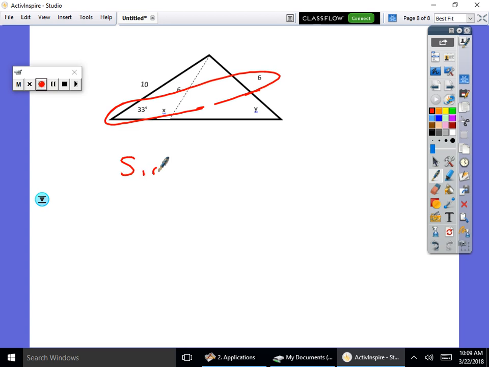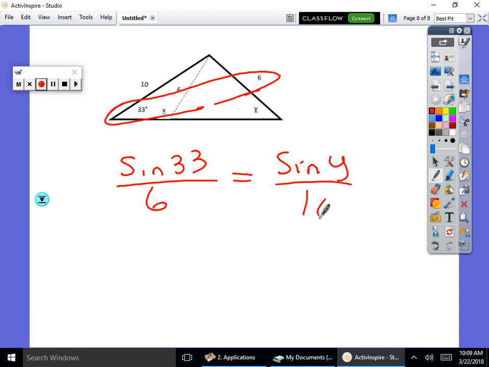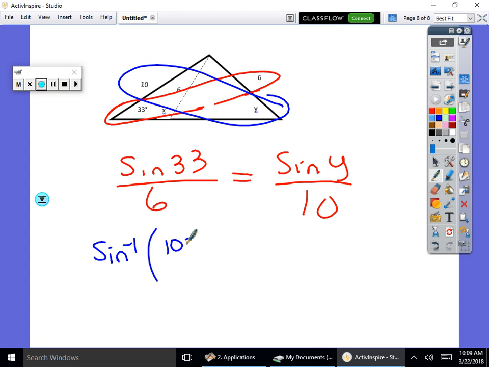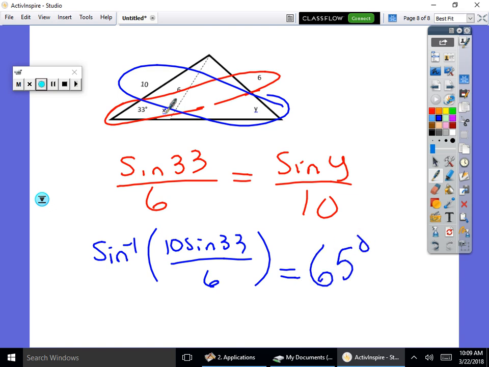So I have sine of 33 over 6 equals sine of y over 10. Everyone with me? Okay. So to solve this, I'm going to do the inverse sine of 10 sine 33 over 6, and that gives me what? I saw it on a lot of people's paper. 65.